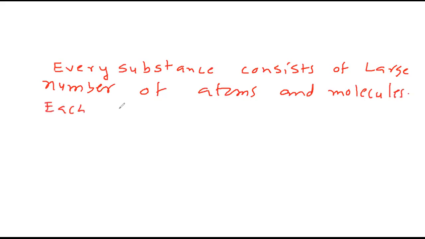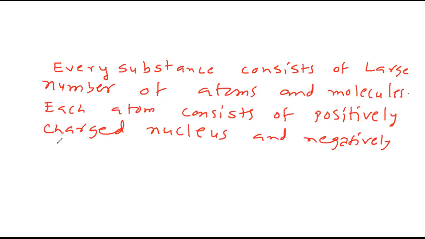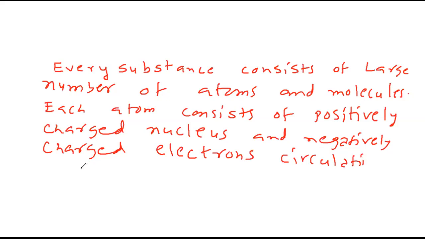Each atom consists of positively charged nucleus and negatively charged electrons circulating around the nucleus.